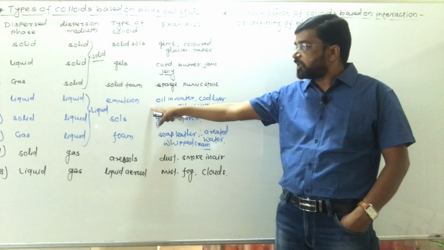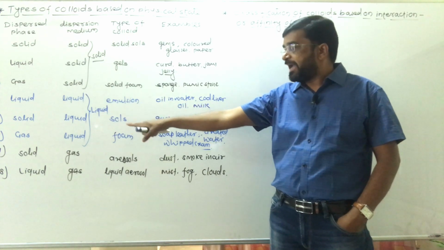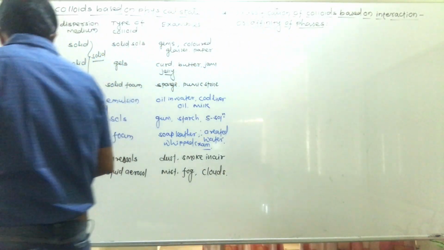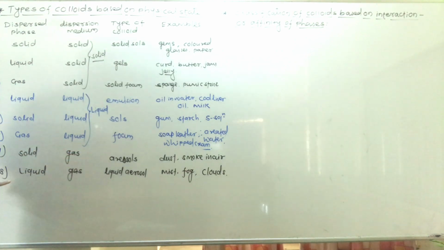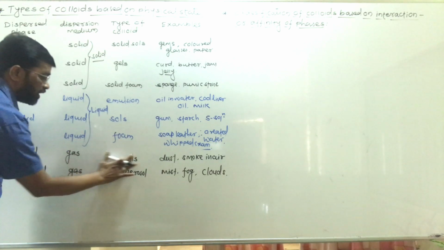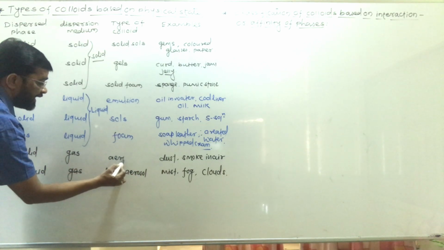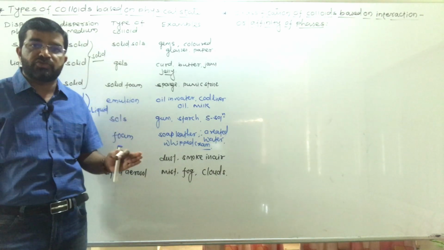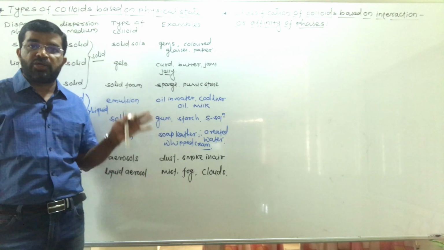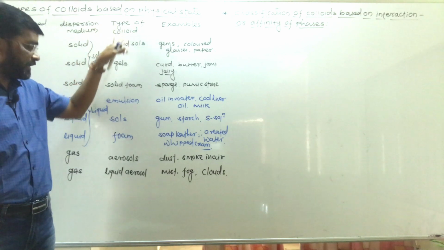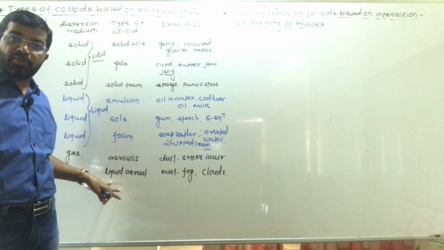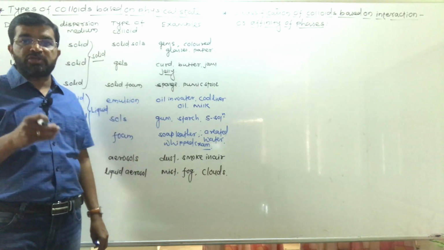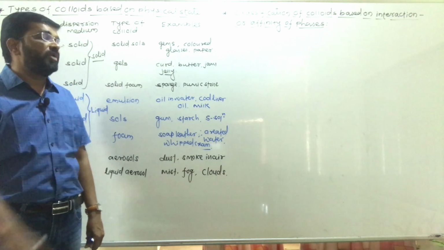Liquid in liquid is called emulsion, solid in liquid is sol, gas in liquid is foam, then solid in gas is aerosol, and liquid in gas is called liquid aerosol. Here you have to learn and remember the names of these types of solutions.